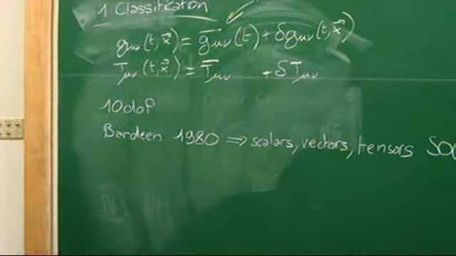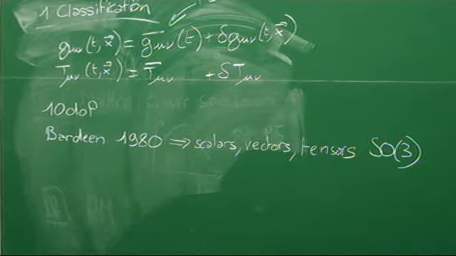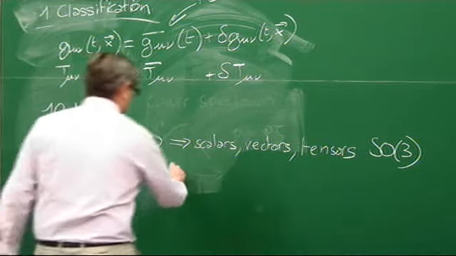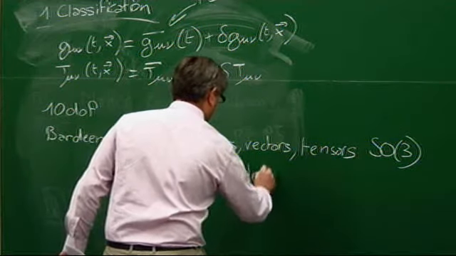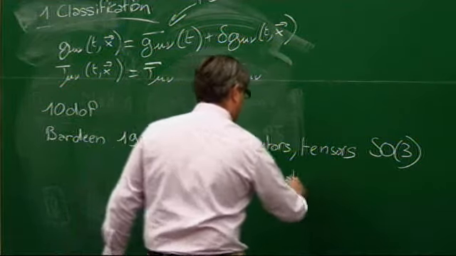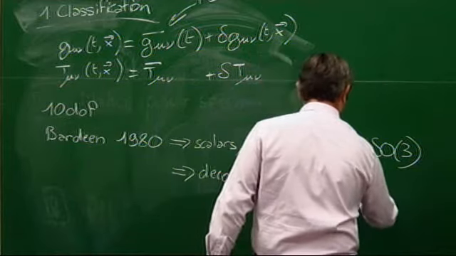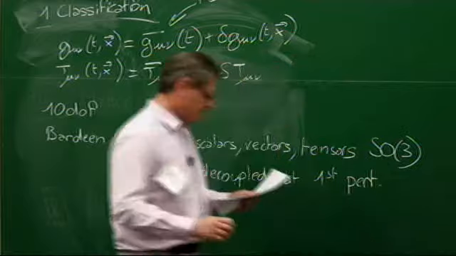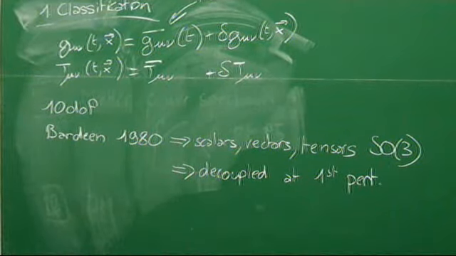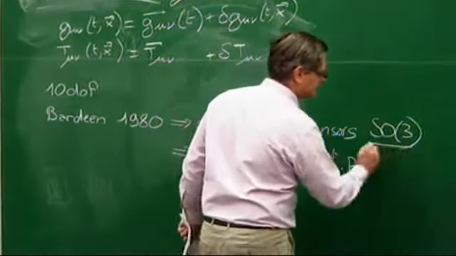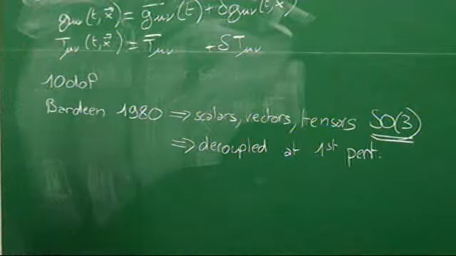And what is remarkable and not so obvious, given that the Einstein equation is nonlinear, is that the three sectors remain completely decoupled from each other at the level of first order perturbation theory. So you can study them independently. And this has to do with the fact that SO(3) is, of course, an underlying symmetry of the background of the Friedmann-Lemaitre model.